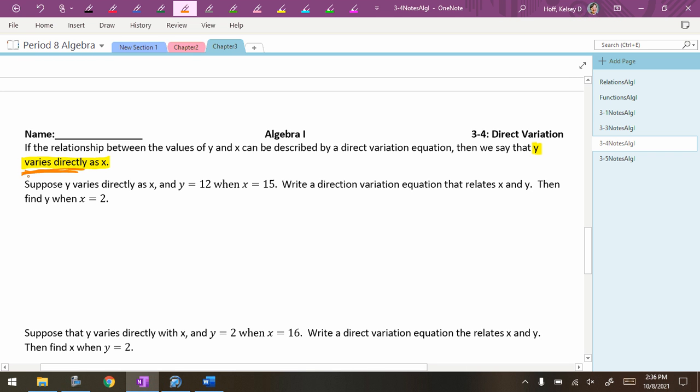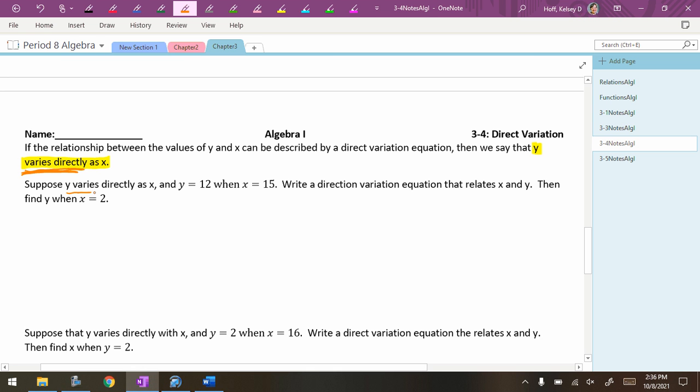Whatever they talk about after that phrase is always going to be your x value. So the questions are going to look like this. Suppose y varies directly as x. Y is 12 when x is 15. Write a direct variation equation that relates x and y, then find y when x equals 2. On ALEKS, these two statements are two separate boxes. So on these problems, you're going to have two things. Okay?